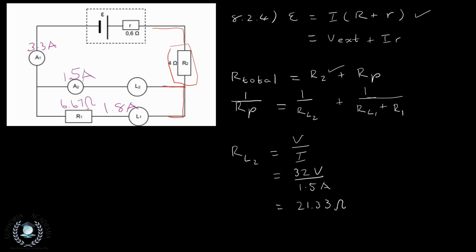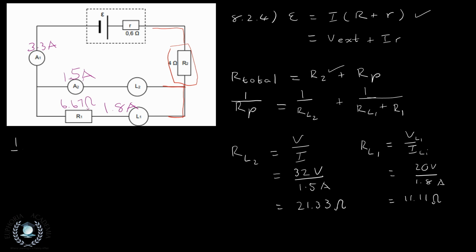All right, now our resistance across L1, that we actually didn't find as well, so that will also be voltage over our current across L1, and that is going to give us 20 volts over 1.8 amps, and that will give us 11.11 ohms, and then we already have our R1.